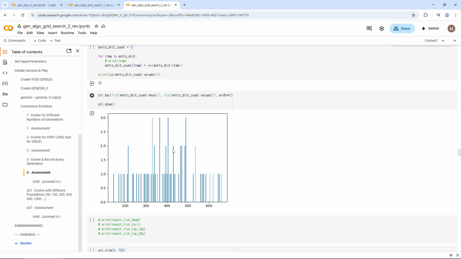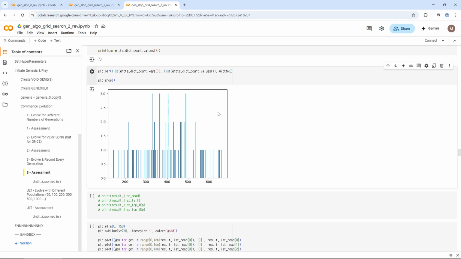It's not really pronounced, because this is 1 and this is 3, so not a lot of difference. You could almost say that these long bars are just outliers, and otherwise you just have a uniform, even distribution.